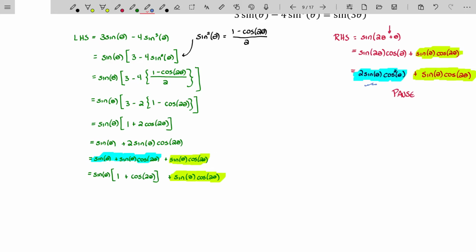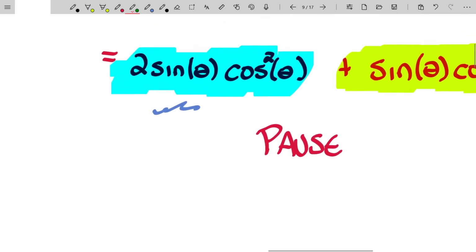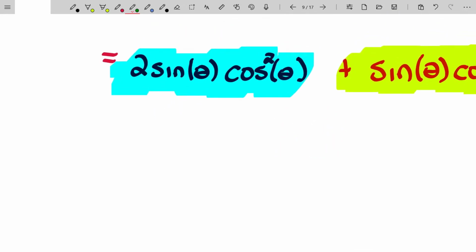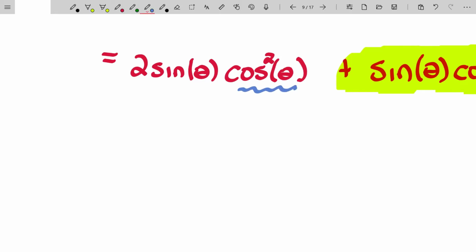Now, I'm going to trade out. I'm going to pause on the left-hand side. Pause. I'm going to unpause on the right-hand side. And when I unpause here, I'm going to trade out that cosine squared, this guy right here, for a power reduction. Cosine squared is the same thing as 1 plus the cosine of 2 theta over 2.